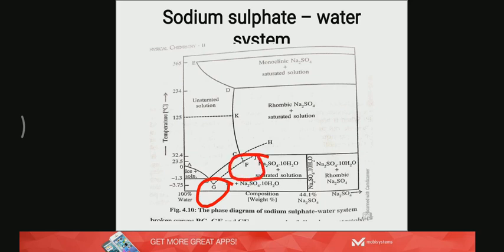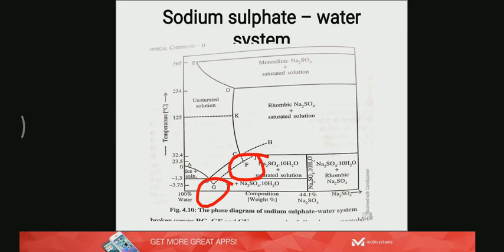Finally, the point F here. This point F is a metastable point, metastable transition point. See, point C we discussed, that is the peritectic point. Likewise, point F is also a peritectic point, but it is metastable.